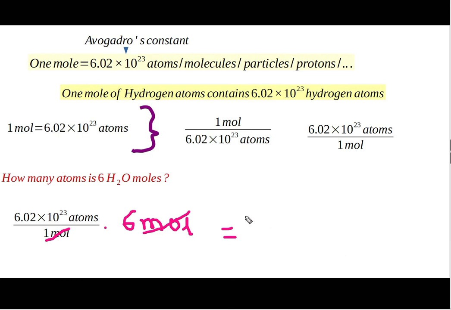I get 36.1 atoms, because I've approximated it. I use 3 significant figures because this is 3 significant figures, and 6, if you are given any whole number, a whole number has an infinite number of significant figures. So definitely this is smaller, so I express it in 3 significant figures.